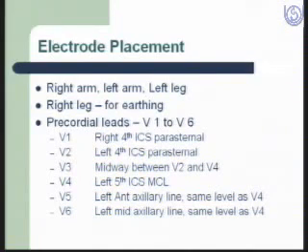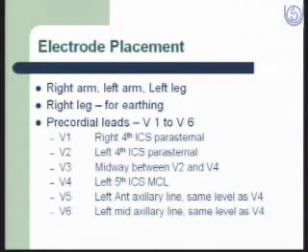V1 is placed in the right 4th intercostal space in the parasternal region. V2 is placed in the left 4th intercostal space in the parasternal region. V4 is placed at the apex of the normal heart, that is in the left 5th intercostal space in the mid-clavicular line, and V3 is placed at a point midway between V2 and V4.